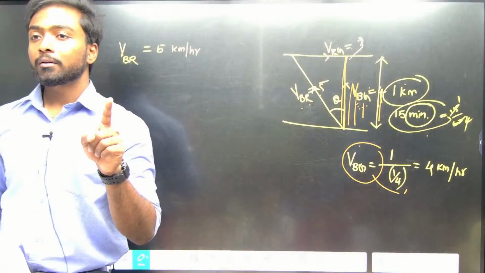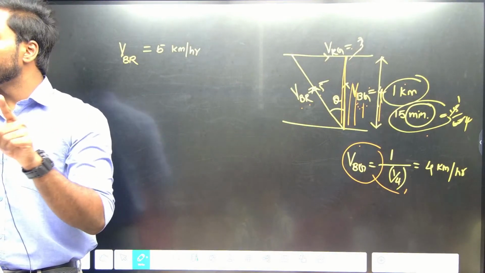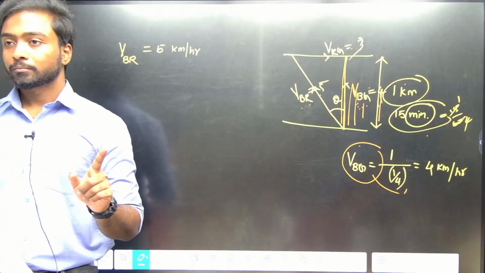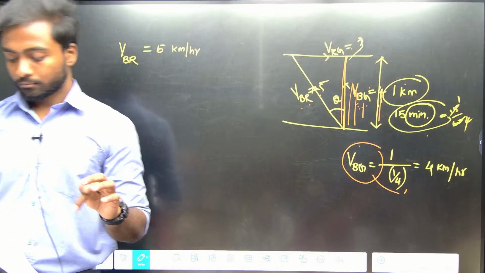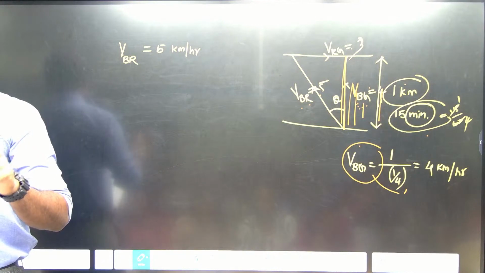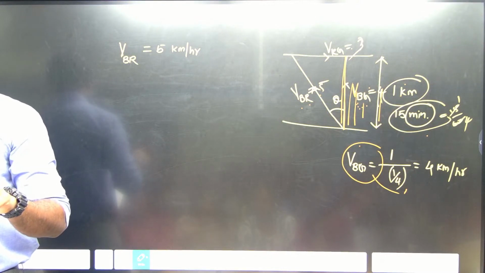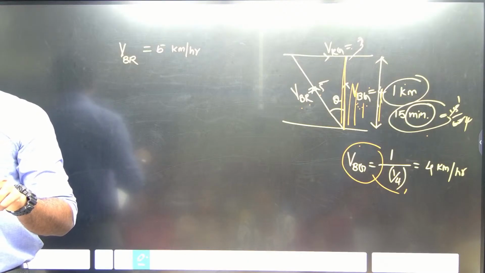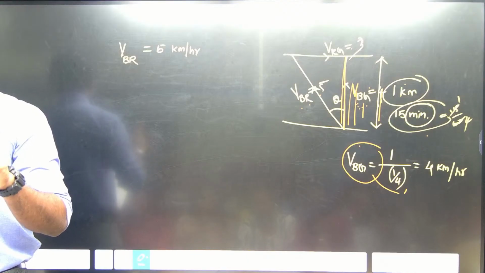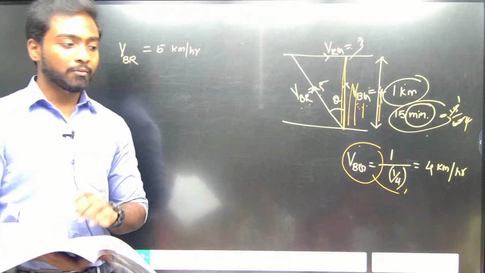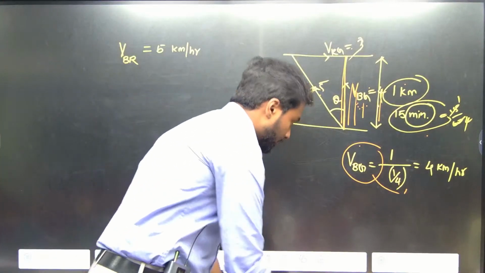Note this point, important point here, with the horizontal. Find the velocity of the rain, if it is falling vertically downwards.